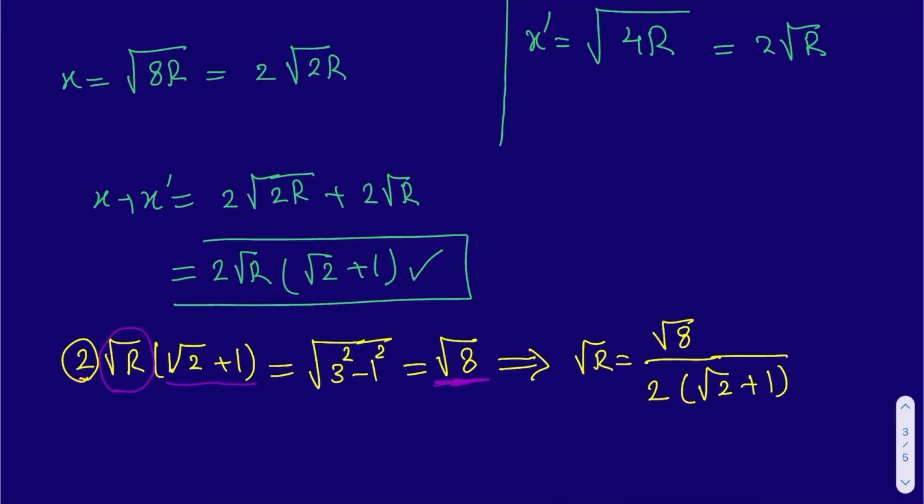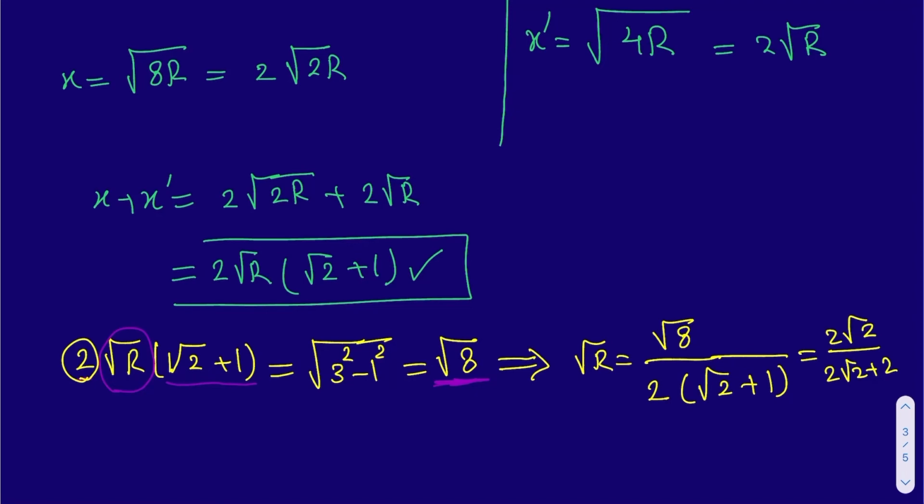And I can also simplify it further, so square root of 8 will be equal to 2 square root of 2, divided by 2 square root of 2 plus 2.